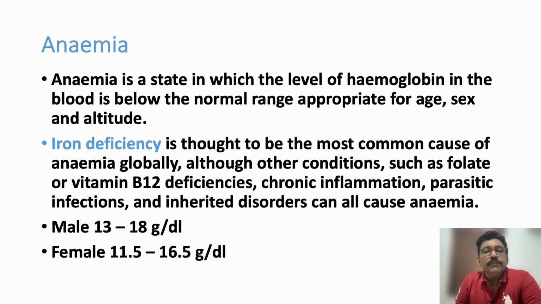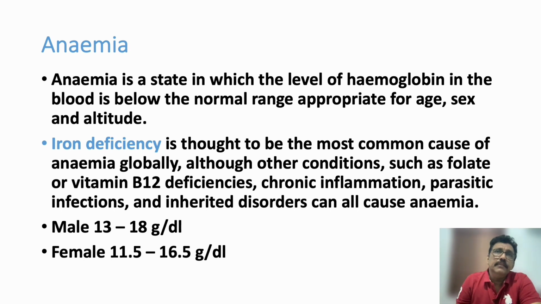Iron deficiency is one of the most common causes of anemia all around the world. There are other causes: B12 deficiency, chronic inflammation, parasitic infection, inherited disorders. There are so many other causes that can also produce anemia. But when we are seeing patients in emergency or in OPD, the major cause for anemia is always iron deficiency.